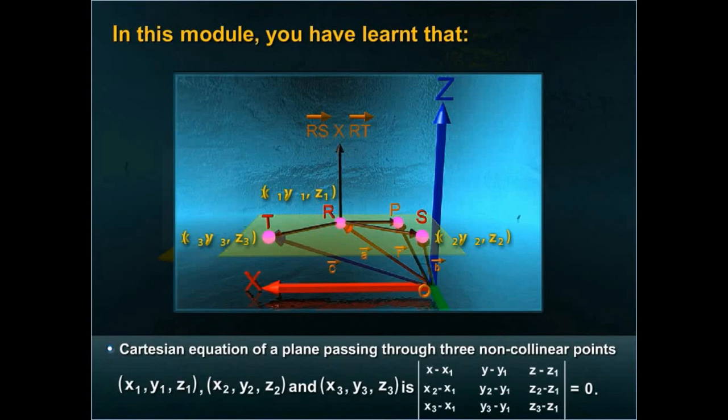Elements of the second row are x2 minus x1, y2 minus y1, z2 minus z1. Elements of the third row are x3 minus x1, y3 minus y1, z3 minus z1, is equal to 0.